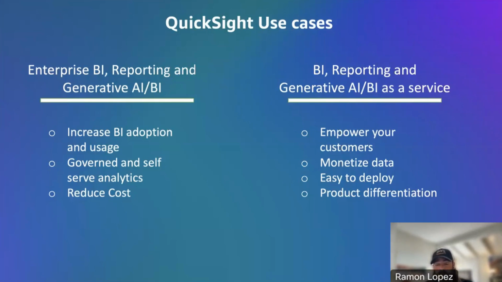And it's about really giving those capabilities in a seamless way to your customers, being able to monetize the data, whether it's for competitive advantage, for product differentiation, or for additional revenue streams, and provide a service of analytics, a service of natural language querying, a service of some of those capabilities that you've seen already, all embedded within your application. And with QuickSight, it's easy to deploy. We're on the cloud. We have SDK, CLI capabilities.